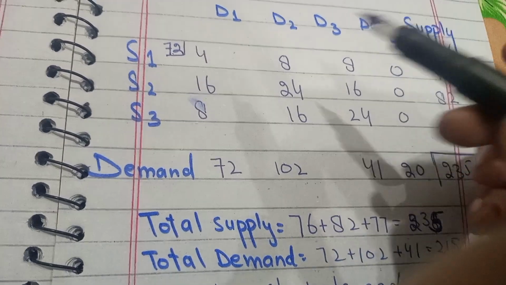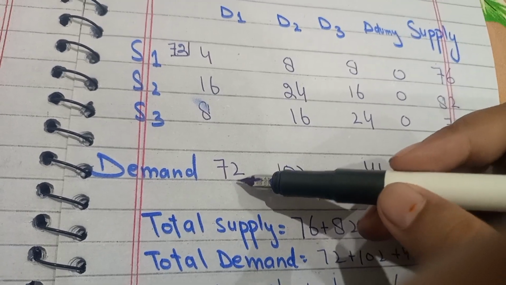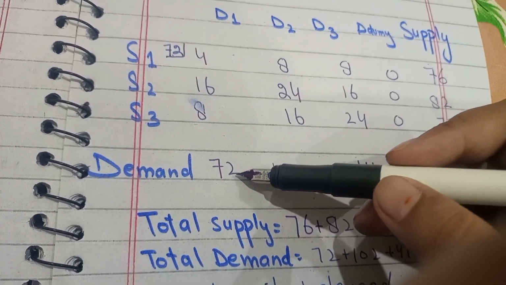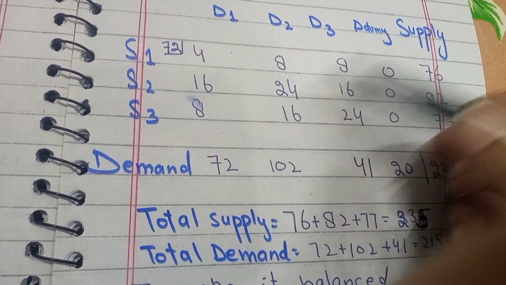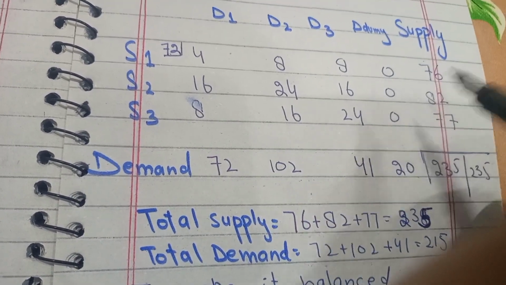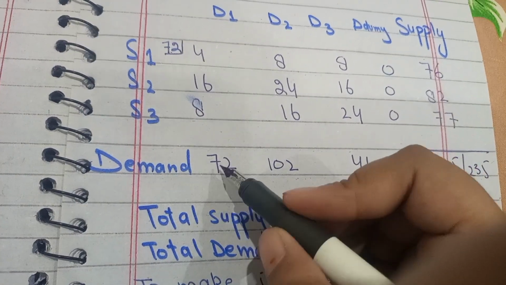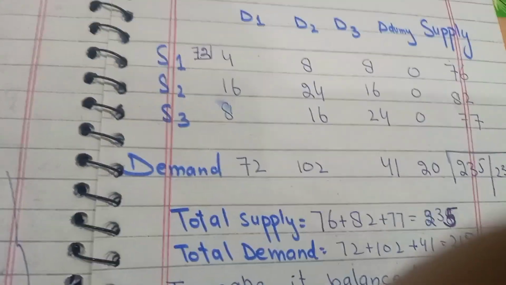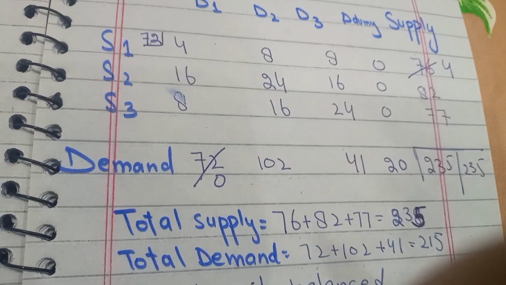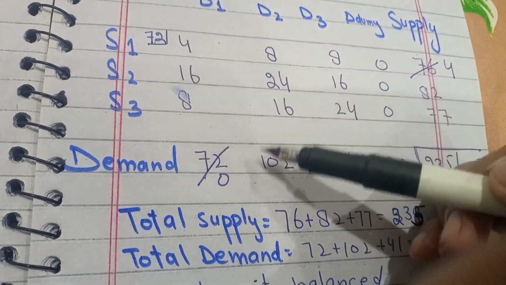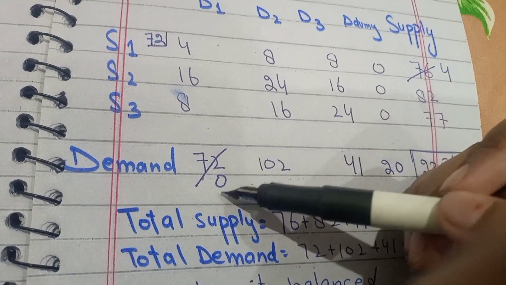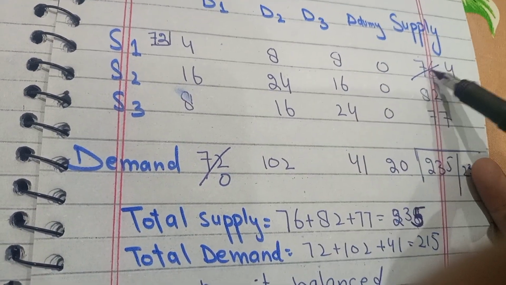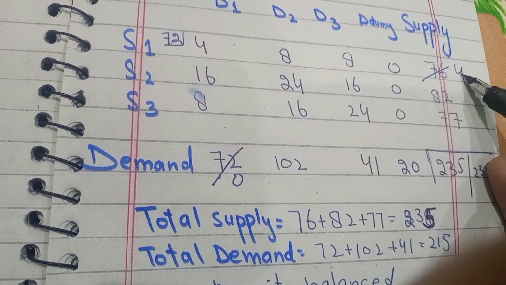I have allocated 72, which is least, because according to the method we allocate the smaller of demand and supply. The allocated number is subtracted from both demand and supply: 72 minus 72 is 0, and 76 minus 72 equals 4.